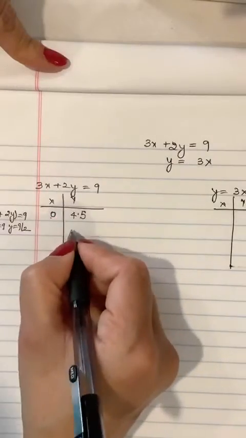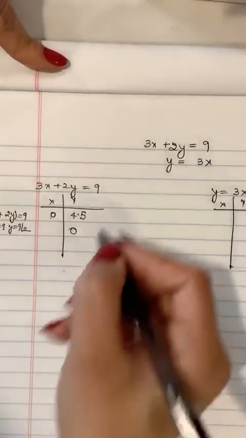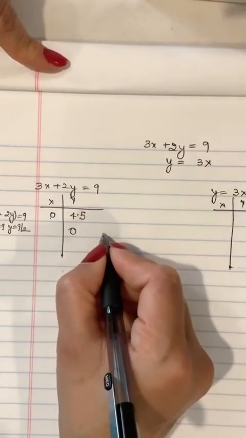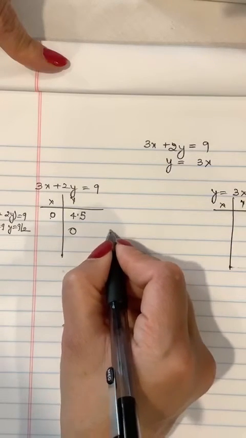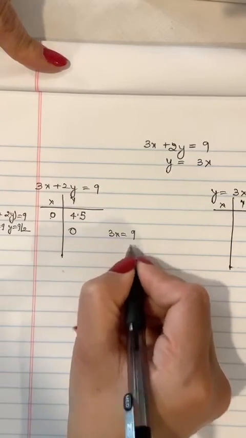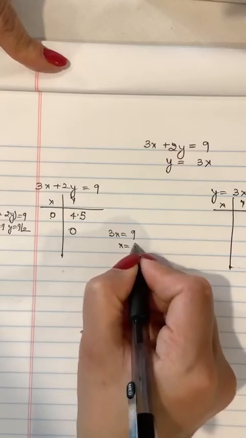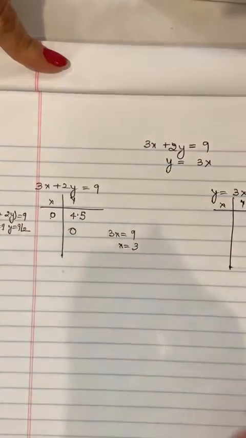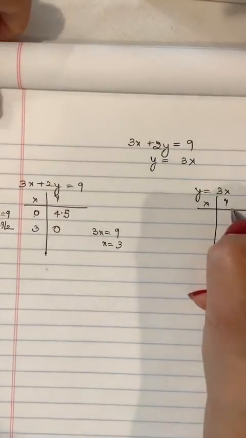Okay, when your y is 0, what happens? So when your y is 0, I'm going to solve it over here. You get 3x equals 9, divide both sides by 3, x equals 3. Here, I'll do the same thing.